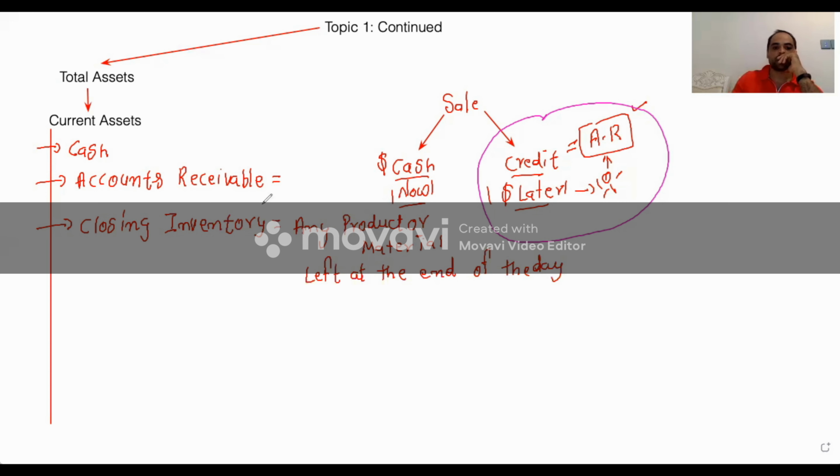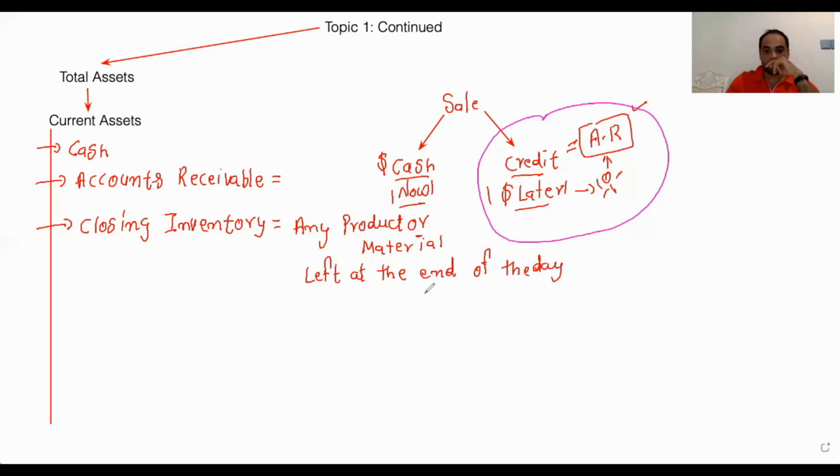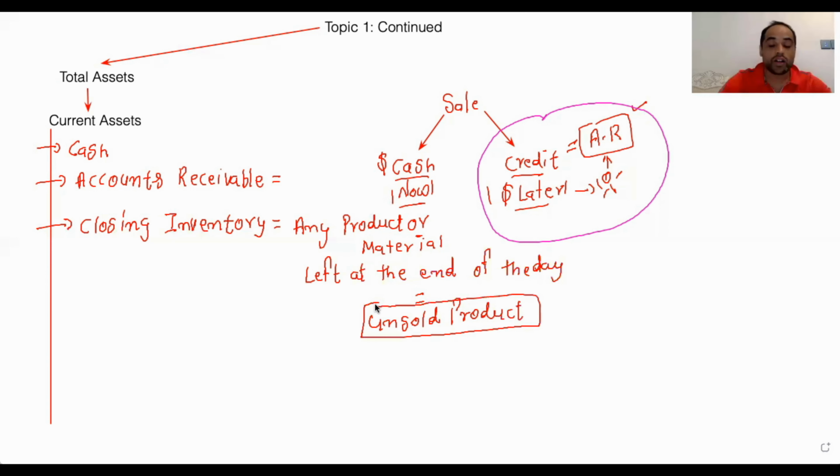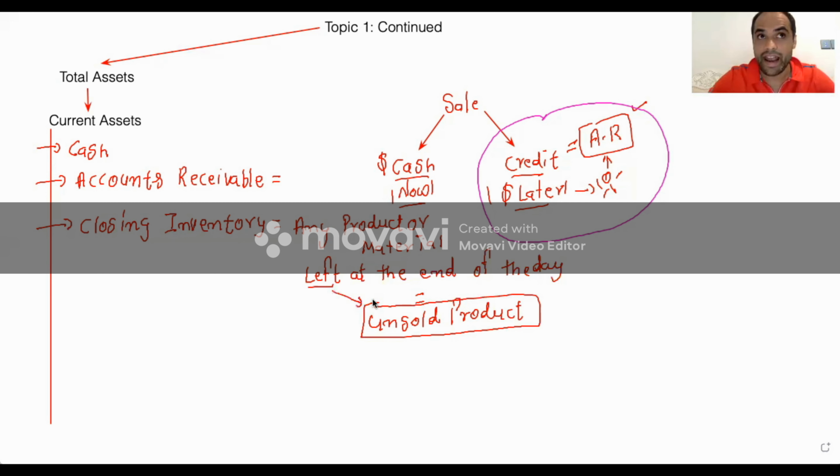That's called closing inventory. In very simple language, closing inventory means any kind of unsold product. Unsold product is called closing inventory. You haven't sold it. So obviously it's something left, something you didn't sell at the end of the day.